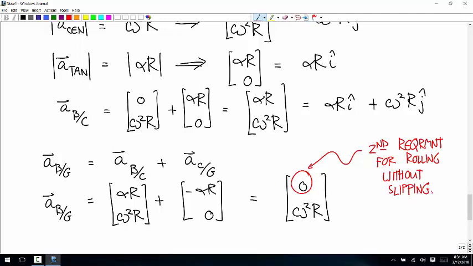At the contact point, let me write that. At B, the acceleration parallel to the surface is 0.